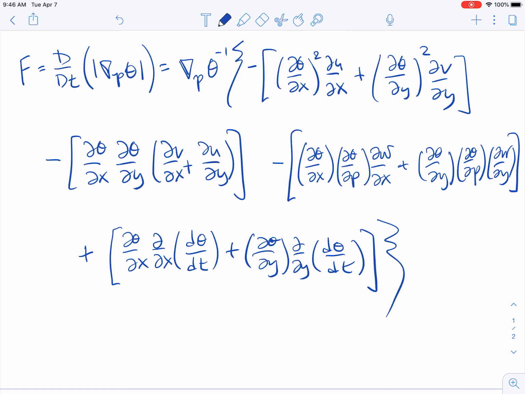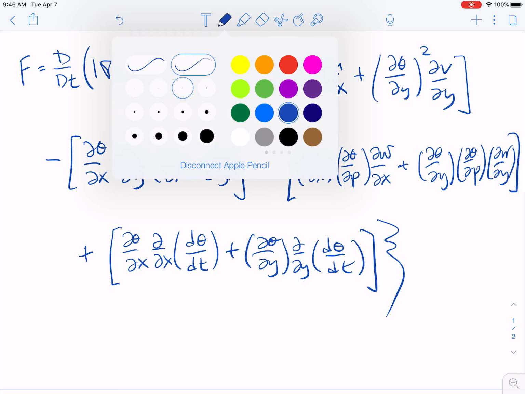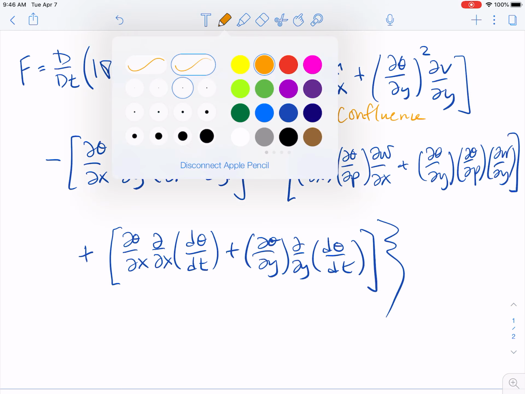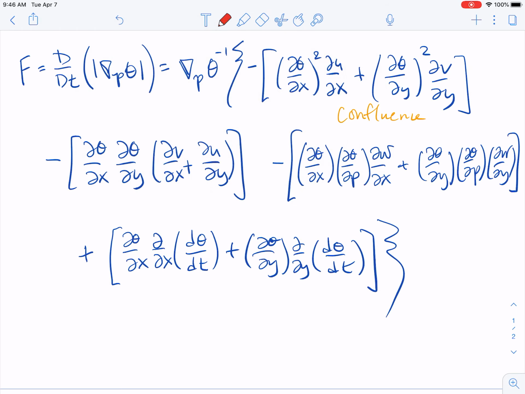Here's our total frontogenesis equation in 2 dimensions in the kinematic form. And so we have 4 different terms here that represent different things. This first term here, we can label as C. And really what we're talking about here is confluence. Our second term is related to shear.